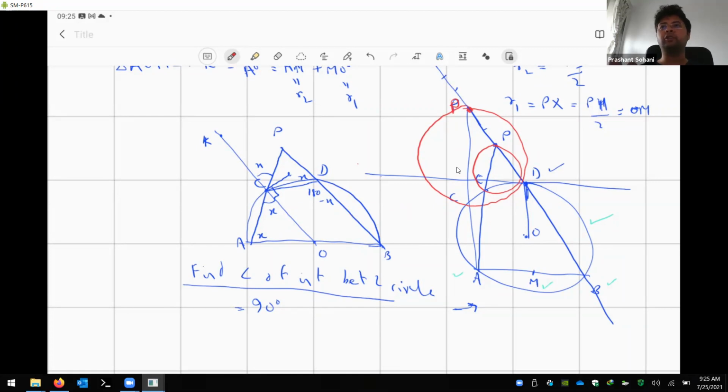At this point, it is not clear to us what that other tangent might be.